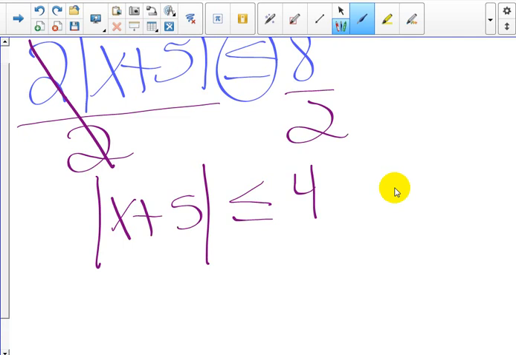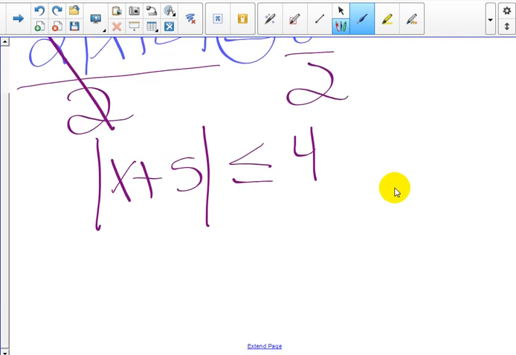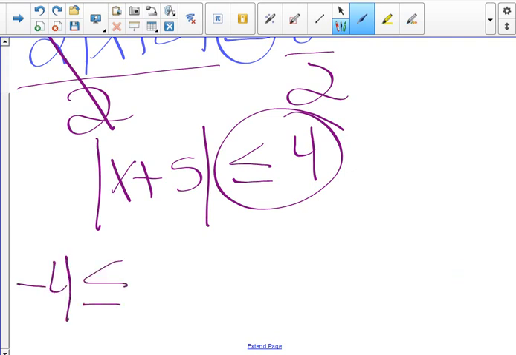Still not finished, right? So now I've got to rewrite this absolute value inequality. So this is a positive 4, so I'm going to flip the sign here, negative 4. Keep the inequality, and now drop the absolute value sign, x plus 5 less than or equal to 4.